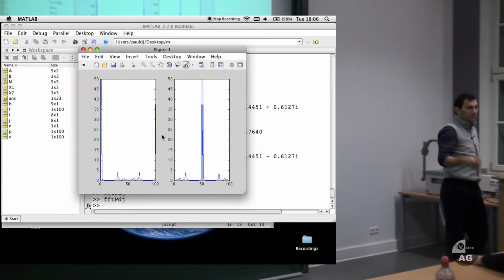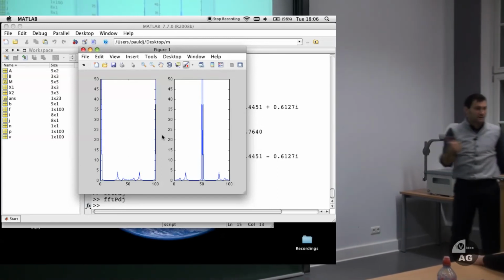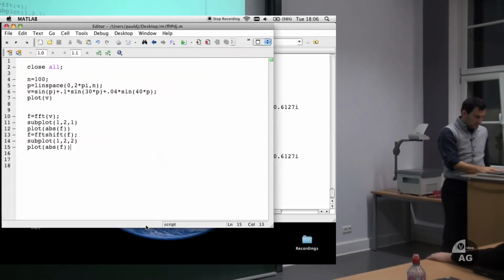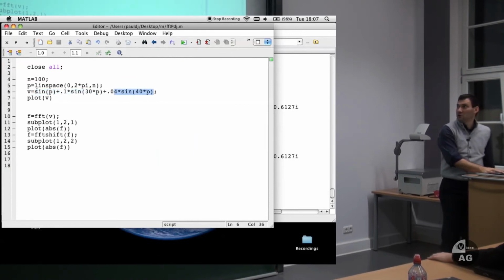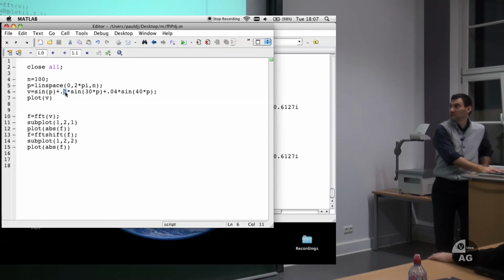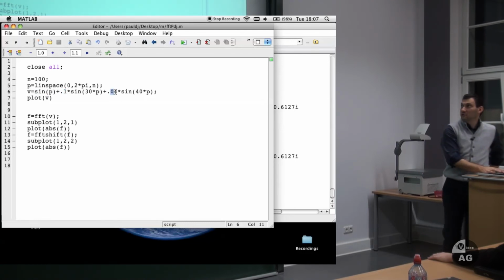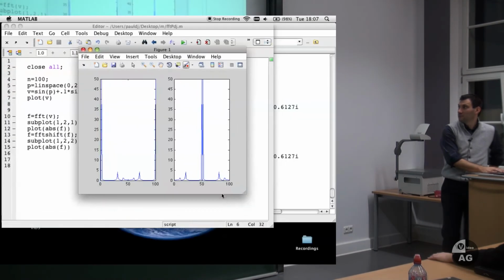So the FFT perfectly captured the fact that our function contains three types of waves. A strong one, and then you see that this one is much smaller in intensity, and this is even smaller, and that is captured by all of that.